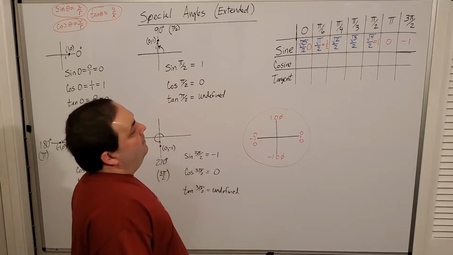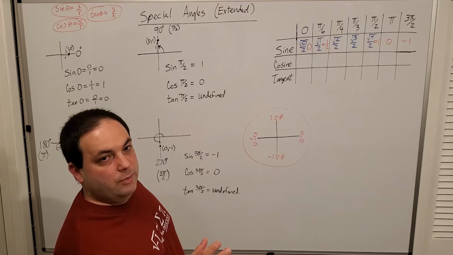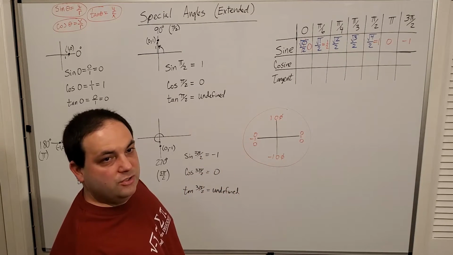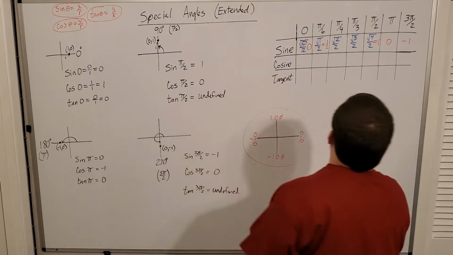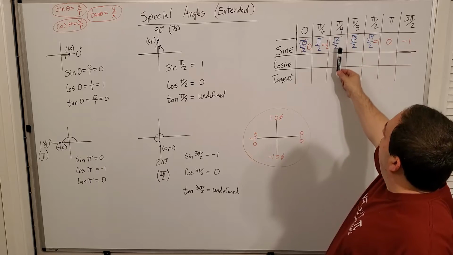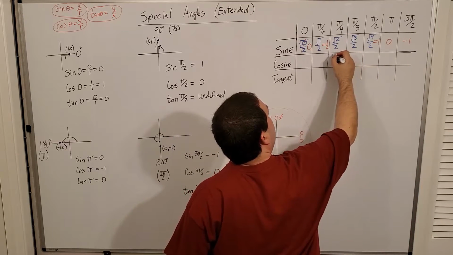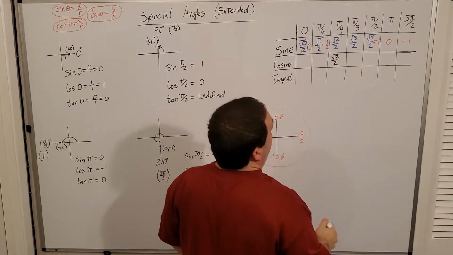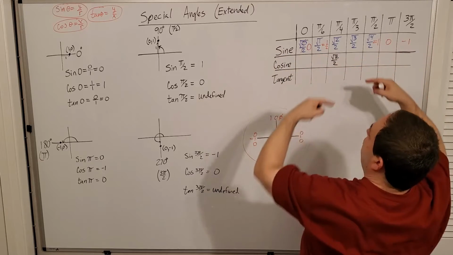Okay, now any cofunction pairs, remember the complementary pairs, are going to swap sines and cosines. Here's your center right here. Pi over 4 is your center. The sine and cosine are the same. And then as you go outward from that, they crisscross.